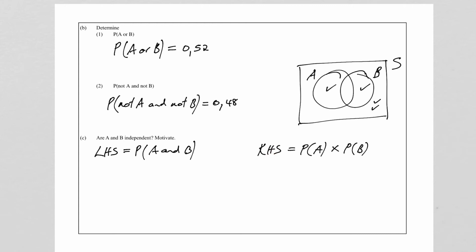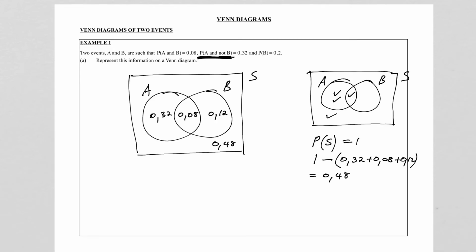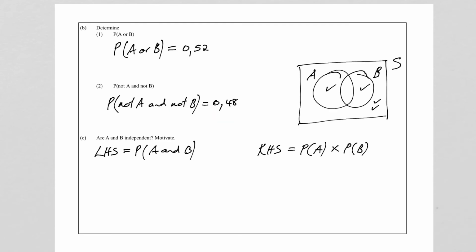If they're not the same, they are not independent. So what is the probability of A and B? So we look at the and, and you can clearly see that is 0.08. That is the probability of A and B. So when I go back here, I can say that is 0.08, and that is my left-hand side.